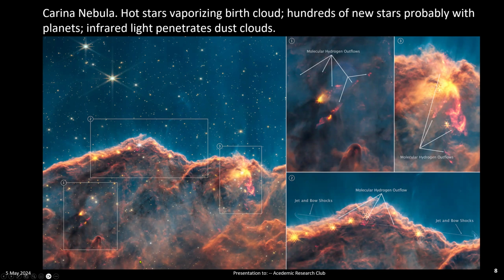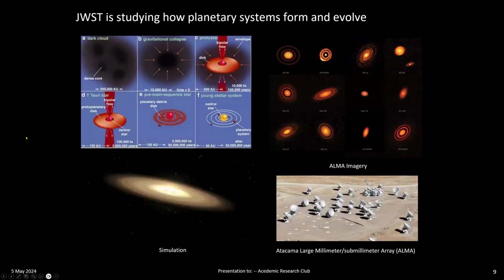One can see these columnar features similar to the pillars of creation forming with Webb's infrared capability that allows us to see through dust with great detail. We're getting lots and lots of new information and new insights into how stars form in our galaxy and others.